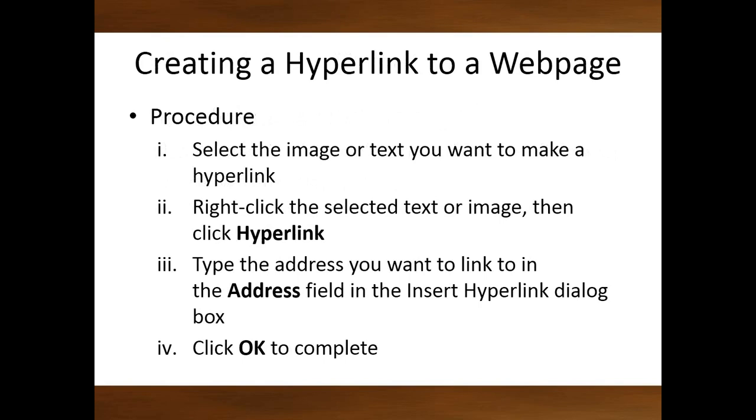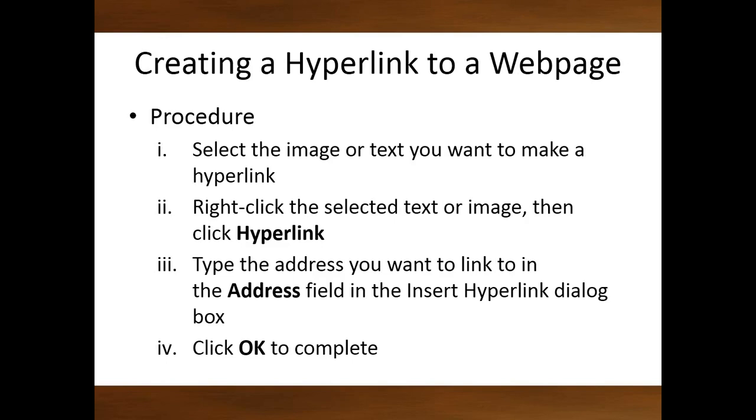Let us learn how to create a hyperlink that connects to web pages or websites. The procedure is given as follows. 1. Select the image or text you want to make a hyperlink with. 2.